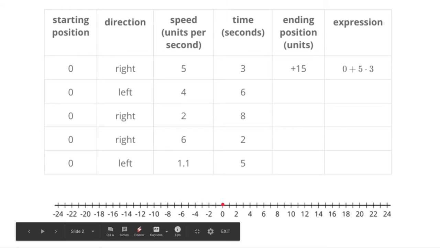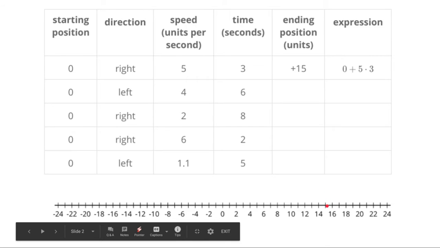So if we start at 0 and we move to the right, and we are going to move 5 units per second, we're going to go for 3 seconds. So we go 5, that's 1 second. 10, that's 2 seconds.